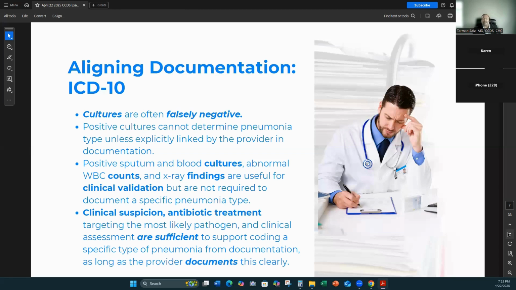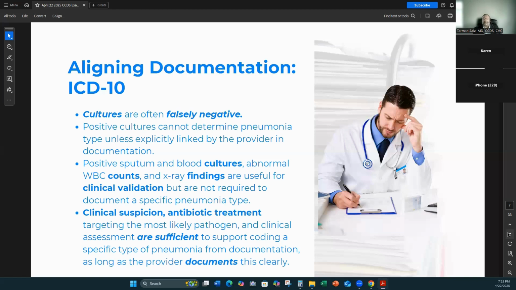And you can simply ask by way of provider query, we see you've documented pneumonia. We see you're using XYZ antibiotic. Can you please further specify, using your independent medical judgment, what type of pneumonia you may be treating, including, and you have to include, of course, unknown, unable to determine.